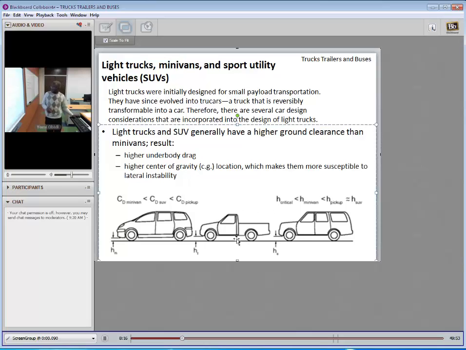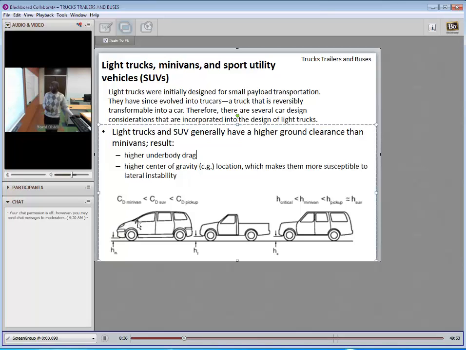The pickup has a higher underbody drag also, and a higher total drag. We'll look at designs in the pickup, the tailgates, and some of those things that perhaps cause its drag to be higher. Just the general design.